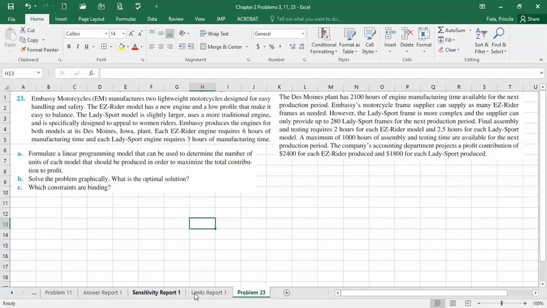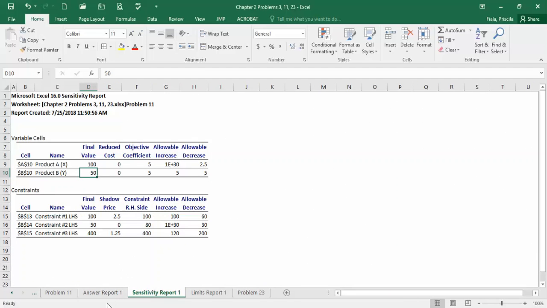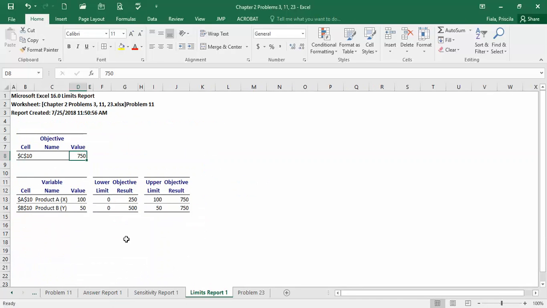We can use solver for that, but I can also show you graphically because right here it says to solve the problem graphically. And also we're going to learn which constraints are binding. That means which ones cannot be modified, which if you look at the sensitivity reports, you will find these values, and then we're going to be addressing that in the next video.